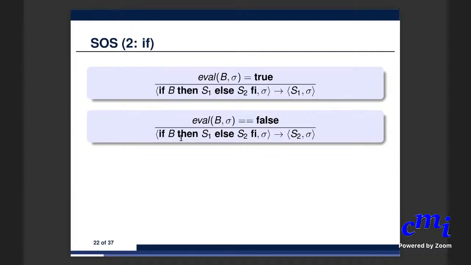If the evaluation of the Boolean condition returns false, then what you get is whatever configuration you get after executing S2 in sigma. You notice that sigma is the same as the incoming environment, because evaluation of the expression does not change sigma. It only reads the environment, it does not update the environment.